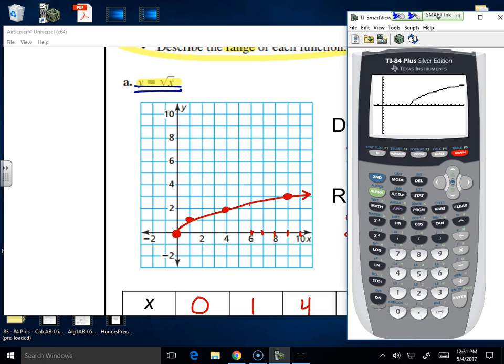But remember, domain goes with what kind of values again? Say it louder, Justin. X values. And range goes with? Y values. So let's go ahead and think about, first of all, domain. Question. What is the lowest x value that's going to have a point? 0. But there's no point at 0.